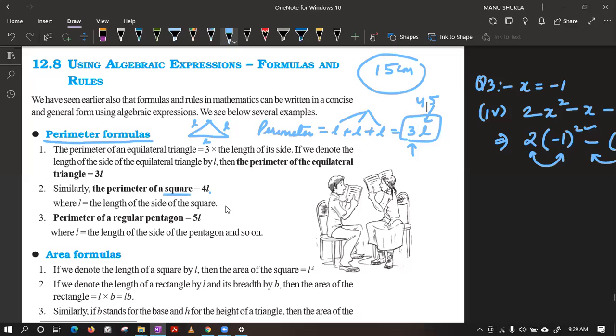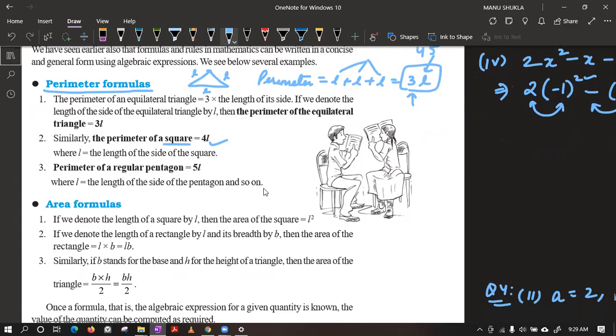Now, similar is the case with a square. In the square, there are four equal sides. So the perimeter becomes 4 into L. In the case of a regular pentagon, class, try to observe this word, regular. Anyone having an idea? What do we mean by a regular pentagon? Okay, regular means all sides equal.